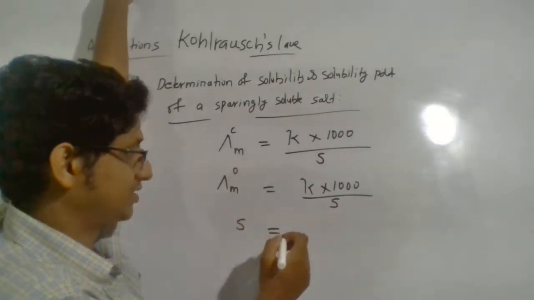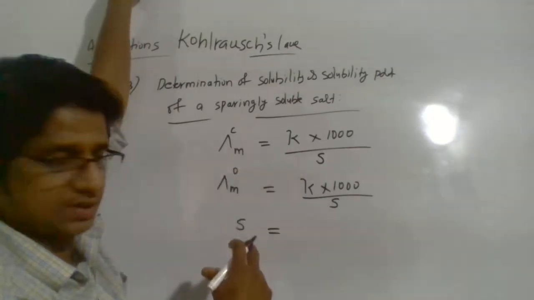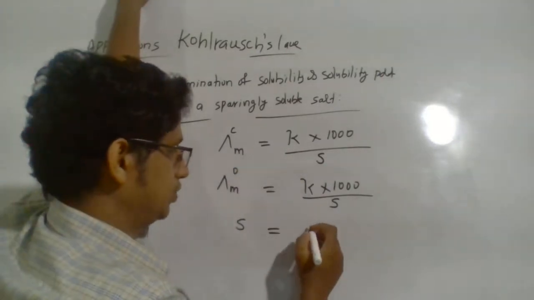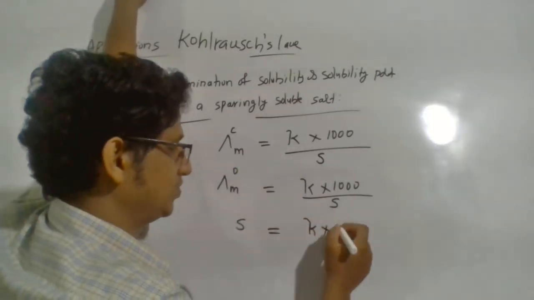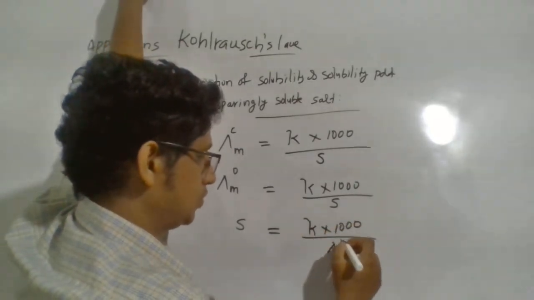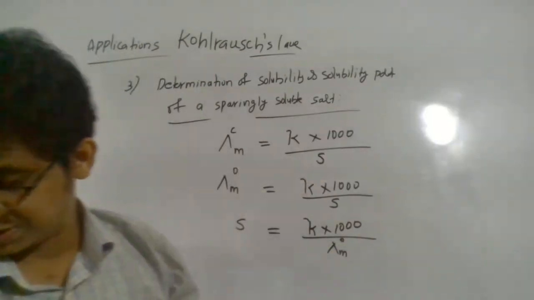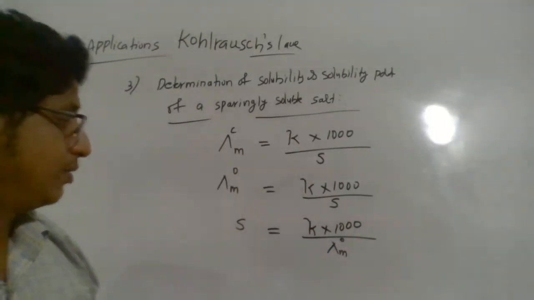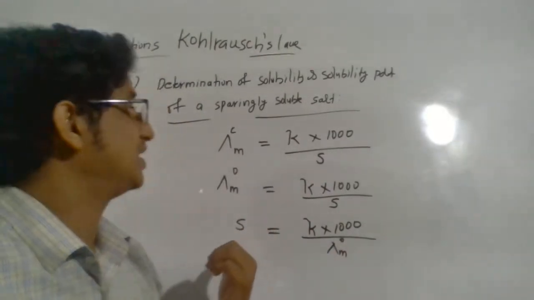S is equal to, consider we are talking about at infinite dilution, S is equal to kappa into 1000 divided by lambda m0. Using this equation, you can find the solubility.